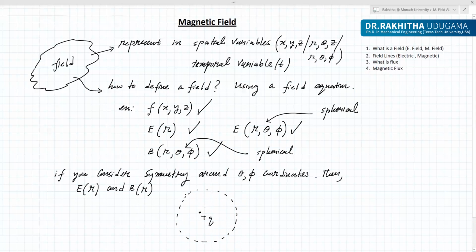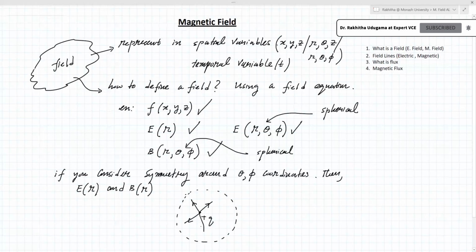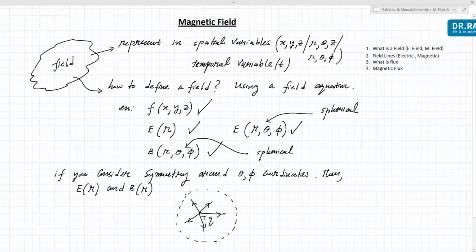So then you will see electric field lines going through the surface of the basketball, right? So now you can see inside the basketball is a symmetrical object. So the coordinate here is independent of theta and phi.